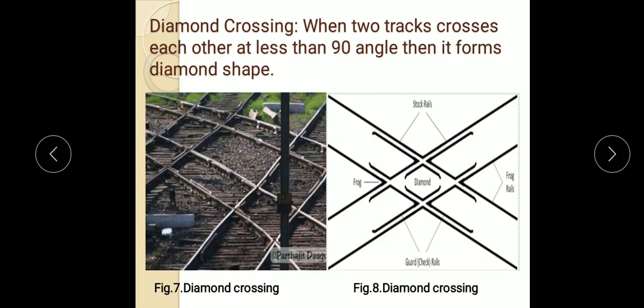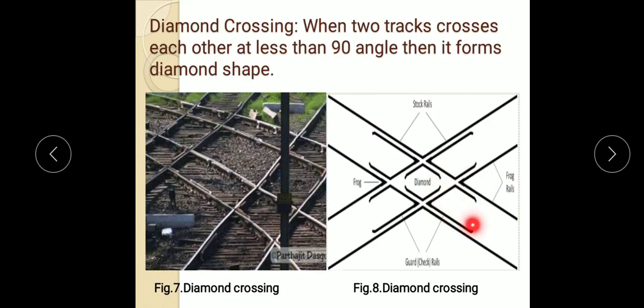The next type is the diamond crossing. A diamond crossing is nothing but when two tracks cross each other at an angle which is less than 90 degrees, then it forms a diamond shape. Here figure 8 shows a diamond crossing. Here we can see these are the stock rails and these are the check rails.